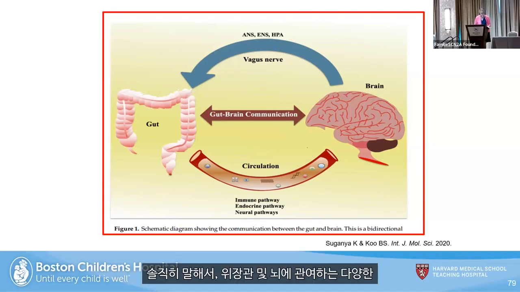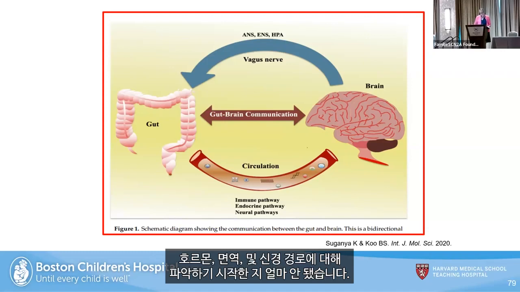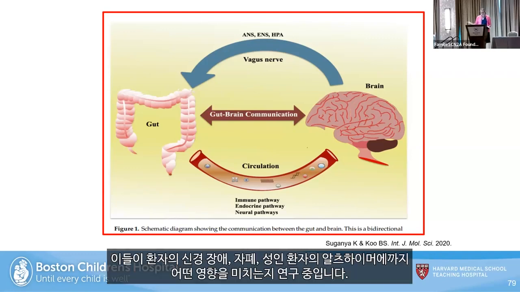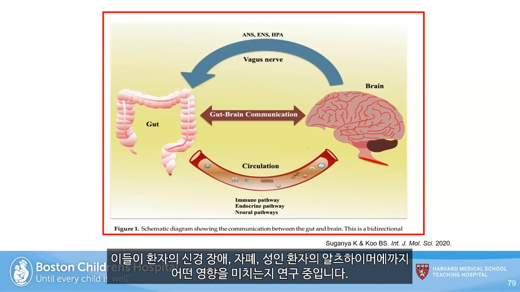And to be honest, we're just beginning to understand the various hormonal, immune, and neural pathways that are involved in the GI tract and brain. And many of my colleagues actually are studying the gut microbiome, for example, and how that impacts patients' neurologic disability, autism, and in the adult world, even things like Alzheimer's.